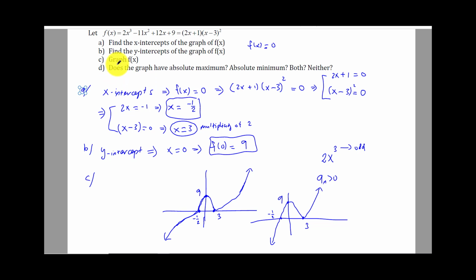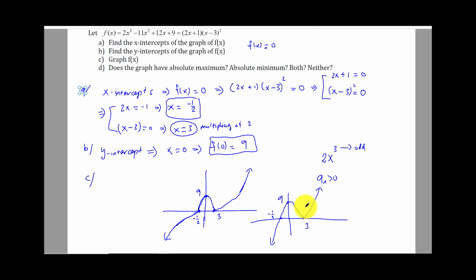The last part here, they ask you, does the graph have an absolute max, an absolute min, both, or neither? So how do we find if the function has an absolute max, an absolute min, or neither?